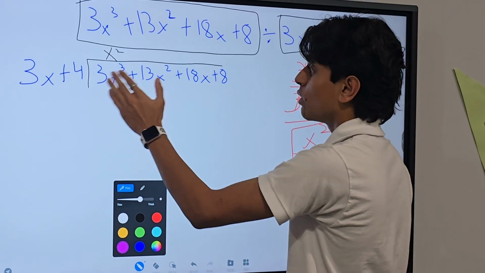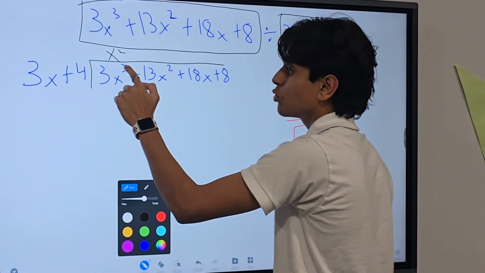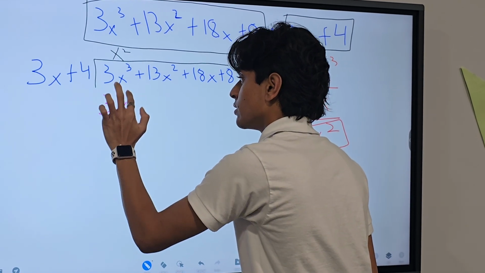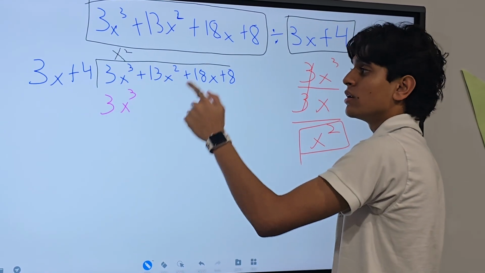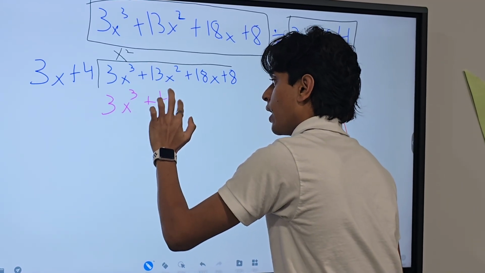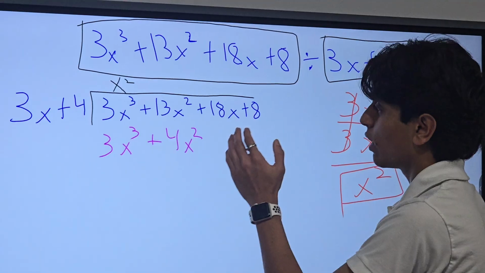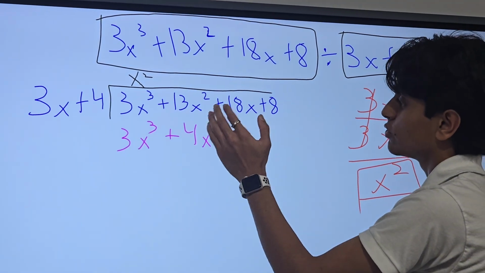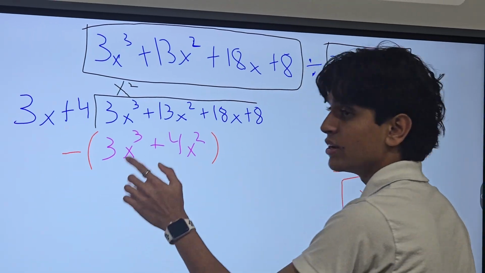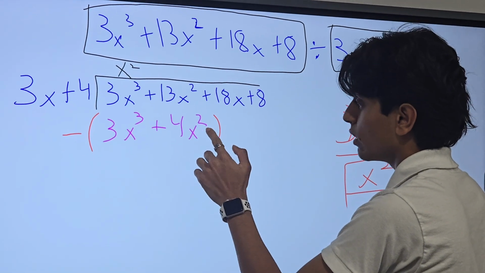Alright, now we want to take this x squared and distribute it to our divisor. So x squared times 3x would be 3x cubed. And x squared times 4 would be plus 4x squared. We will subtract our 3x cubed plus 4x squared from 3x cubed plus 13x squared. We can write it out like this, and then we can distribute the negative to both the 3x cubed plus 4x squared.